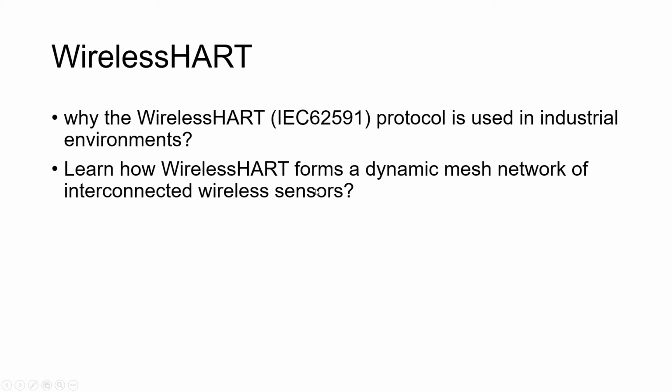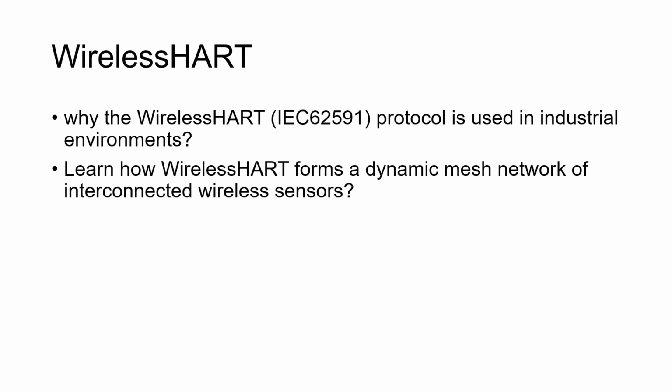Okay, now the next topic we are going to discuss is wireless HART. I will give you the abbreviation of HART later. You just know what is wireless HART. The important thing we have to know is that this wireless HART is a communication protocol, and they have given the standard. What is the standard? It is IEC 62591.